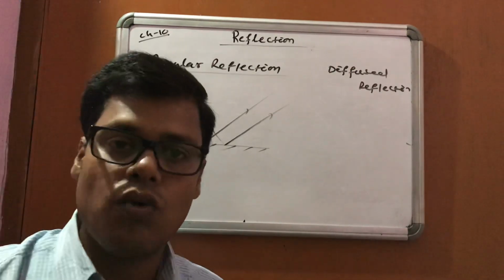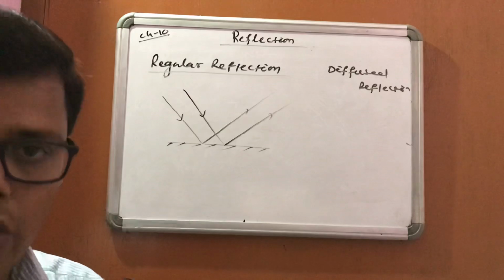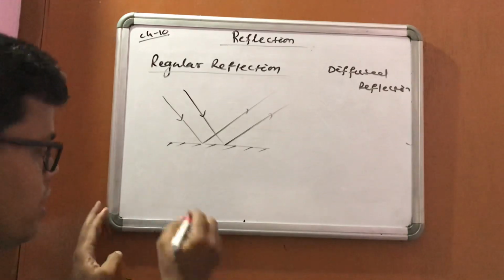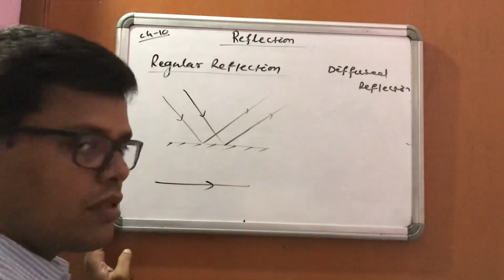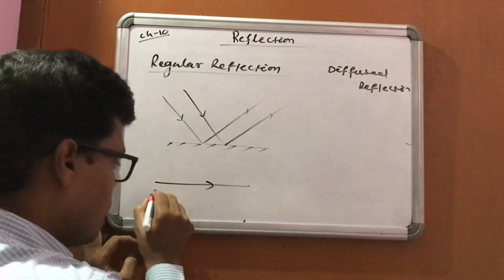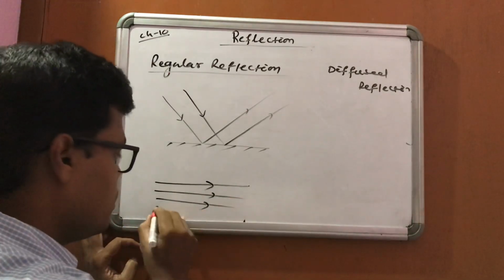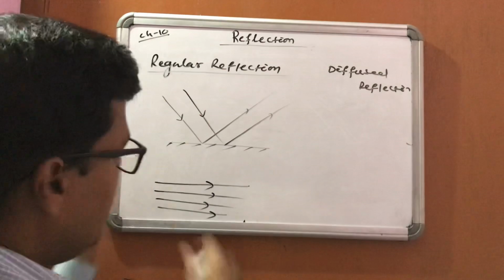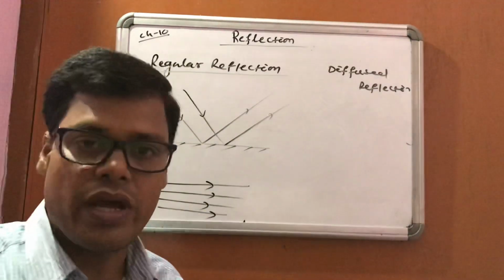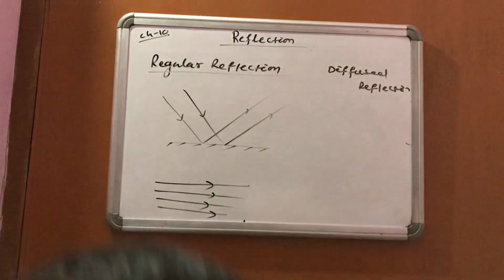Here I am using the word beam. A ray is the single path followed by the light, and a bunch of rays is known as a beam. As they are parallel, this is a parallel beam of light.